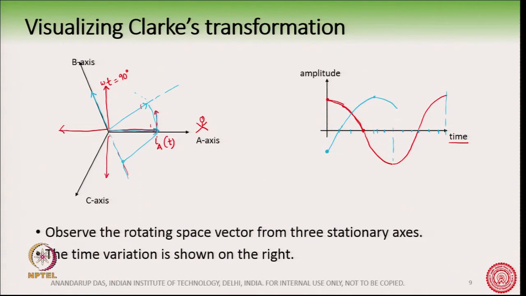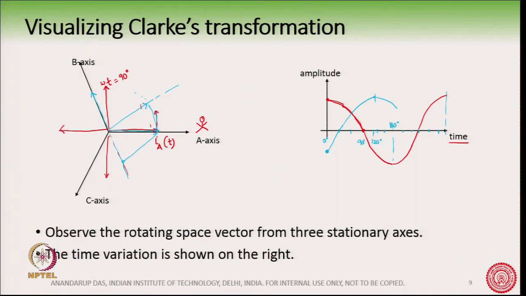So, this is 0 degree, this is 90 degree, 120, and then this is 180 degree. I have not drawn it according to scale, but you can understand the concept.